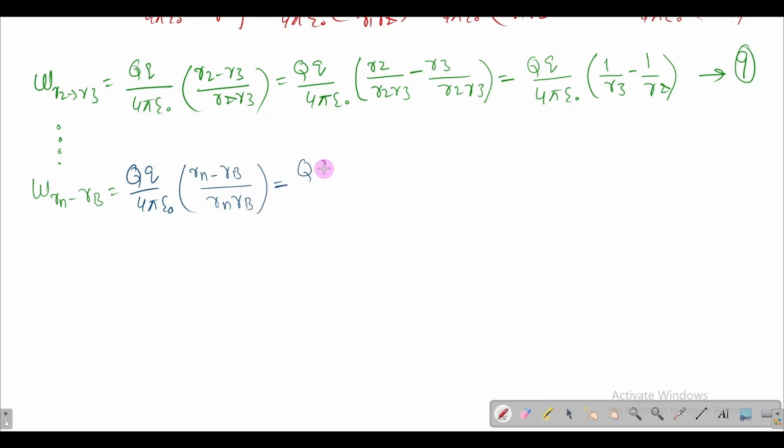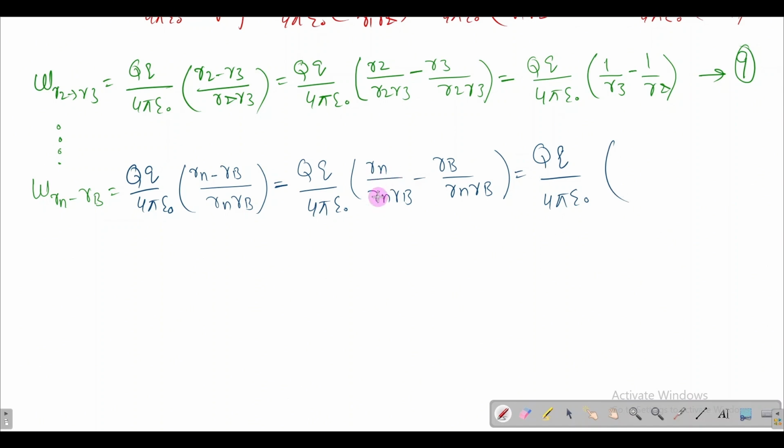Do the same calculation as before: 4 pi epsilon naught, Rn divided by Rn Rb, similarly Rb divided by Rn Rb. By further simplification, it becomes Q divided by 4 pi epsilon naught. Here Rn will cancel, it becomes 1 over Rb, minus, Rb will cancel, it becomes 1 over Rn, and this is equation 10.